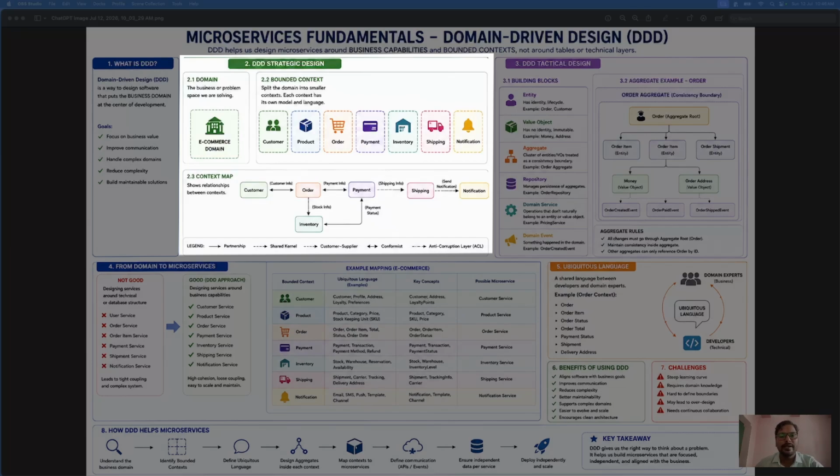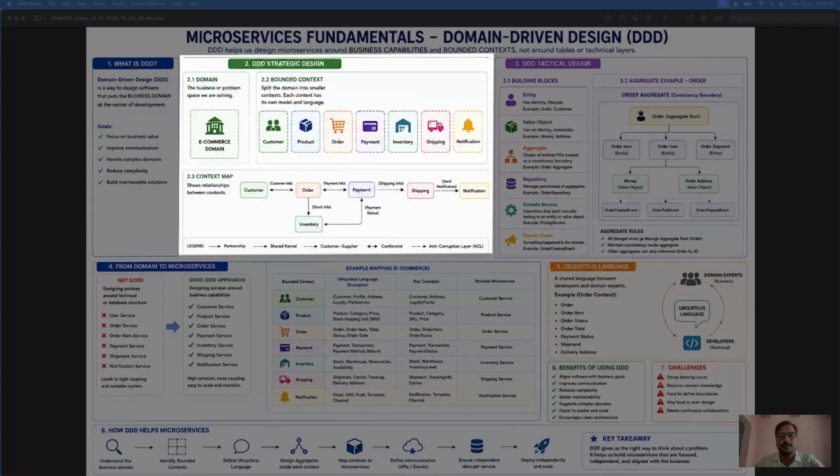Later, each bounded context often becomes its own microservice. Getting the point? One big business domain is divided into different subsections like customer, product, order, payment, inventory, and different contexts. And each and every context can be transferred to a microservice architecture. This is why domain-driven design and microservices work so well together.